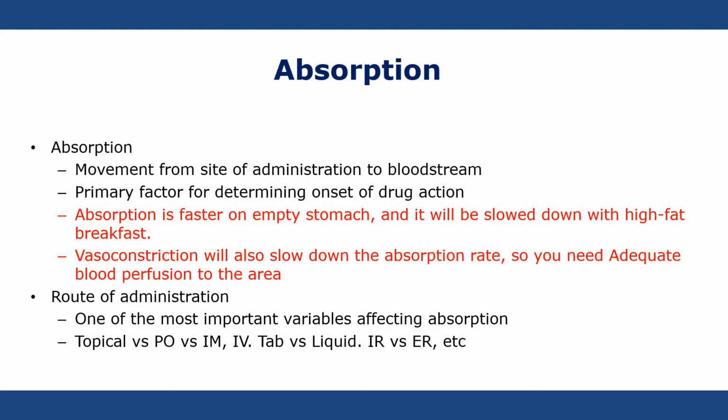For example, is it a liquid or is it a capsule? And we know that the liquid medication will absorb faster versus if it was a tablet or extended release medication, and so forth.